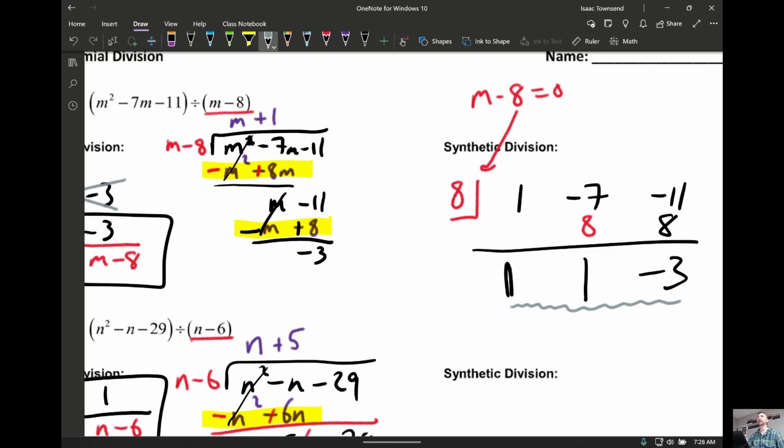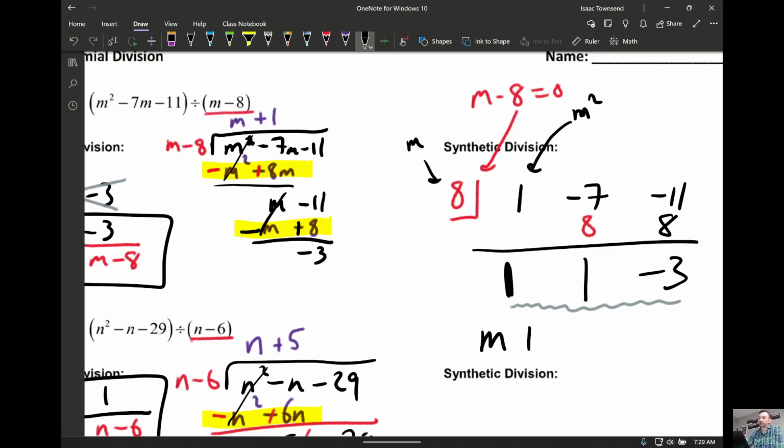1, 1, -3 is just a list of 3 numbers. That's not how these 2 polynomials divide each other. So we have to think about what we started with. This guy represented m squared, and then we were dividing out an m. So what we're doing by doing this division is we're lowering the degree by 1. So if it was a second degree, this first number represents how many that I have to the first power.